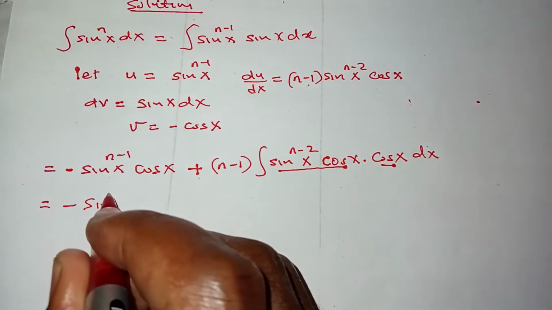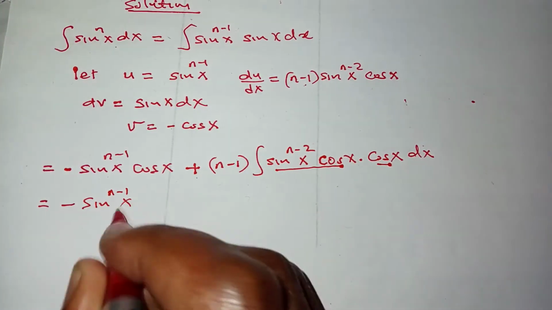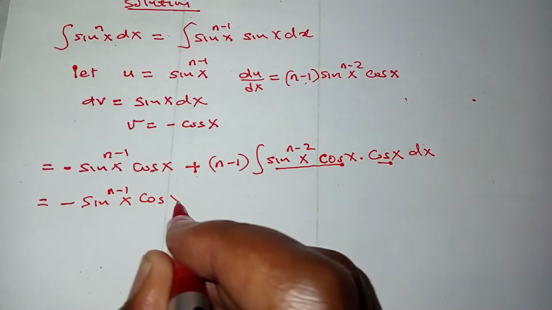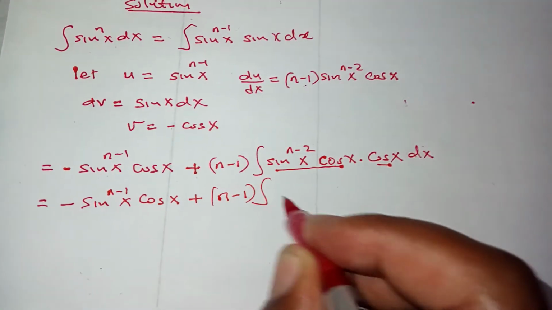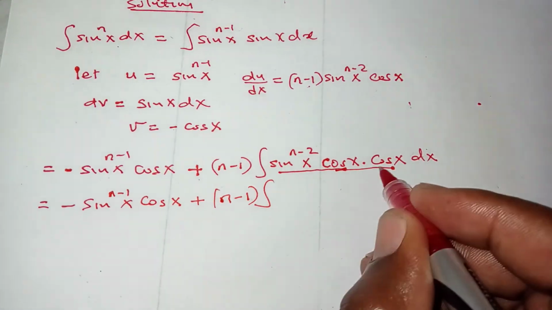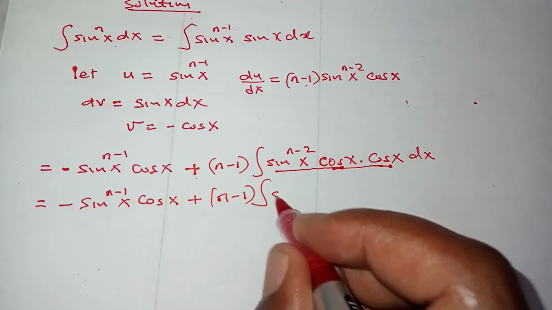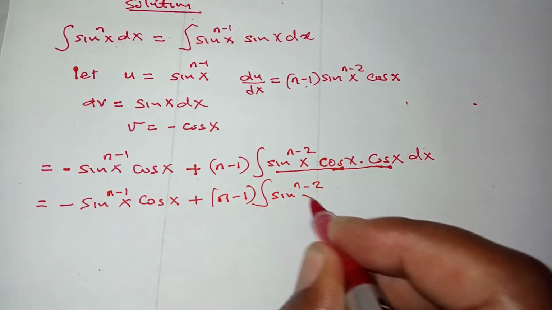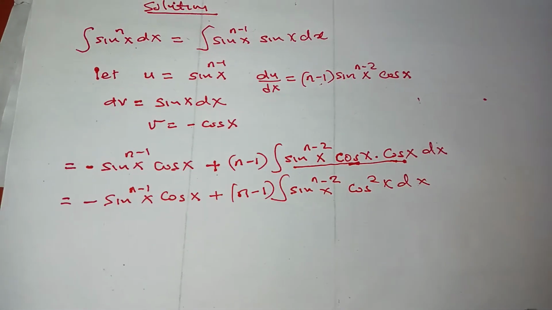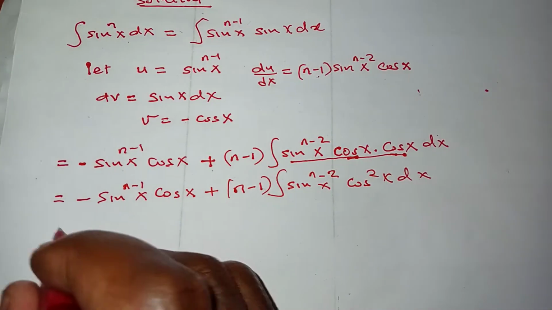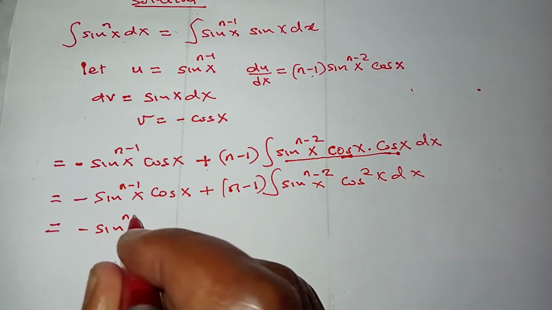So we have minus sine of x to the power of n minus 1 cosine of x plus n minus 1 times the integral. Of course, now this will make cosine squared of x, and using the handy basic trig identity, we can rewrite this as follows.